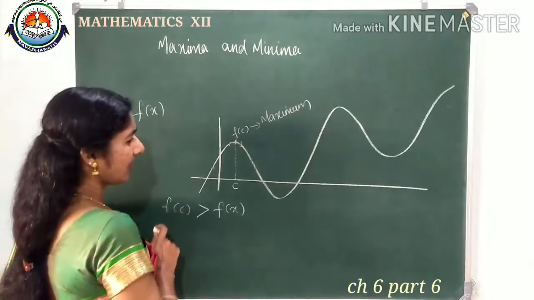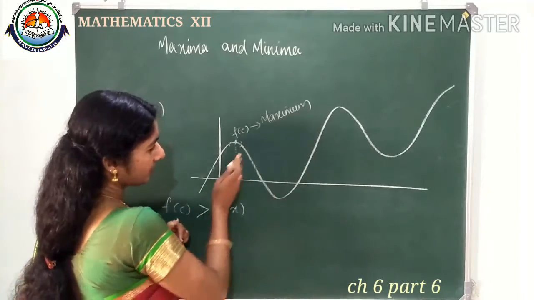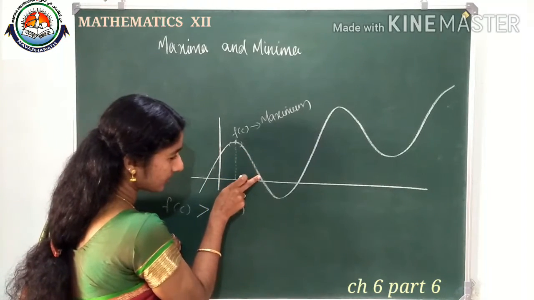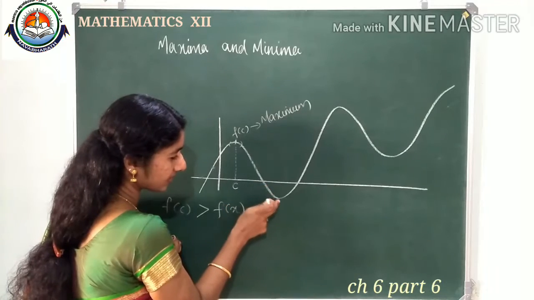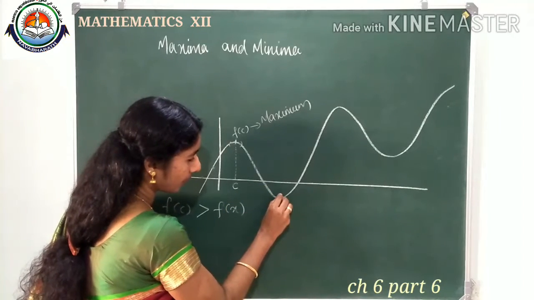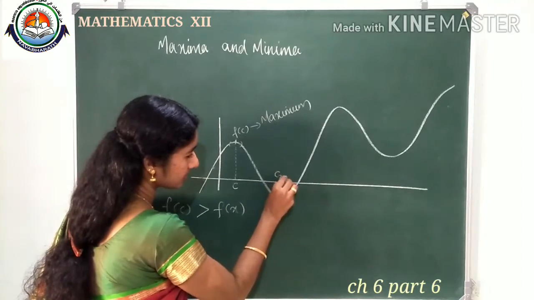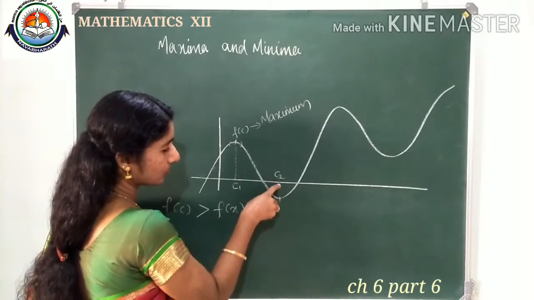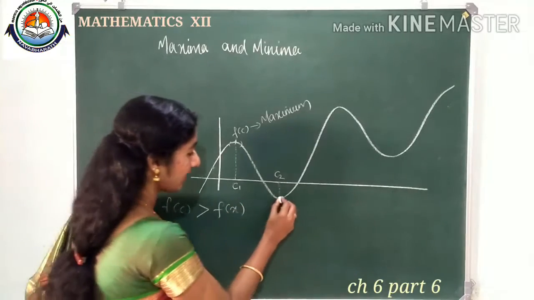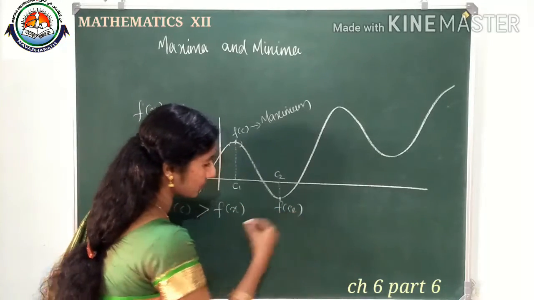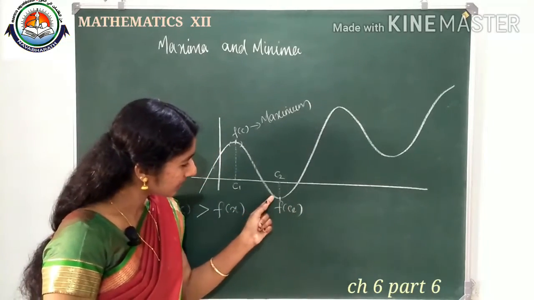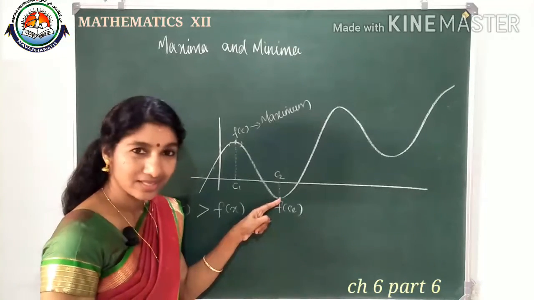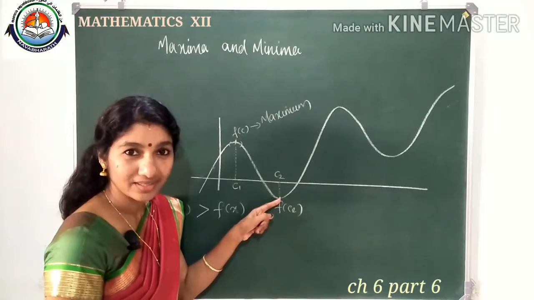Okay, and see this next point. Here this function is decreasing, decreasing, and at one particular point we got, we can call it C2, or this is C1, C2. At C2 this is f of C2. Compare f of C2 with its neighborhood values. F of C2 is the least value compared with its neighborhood values.